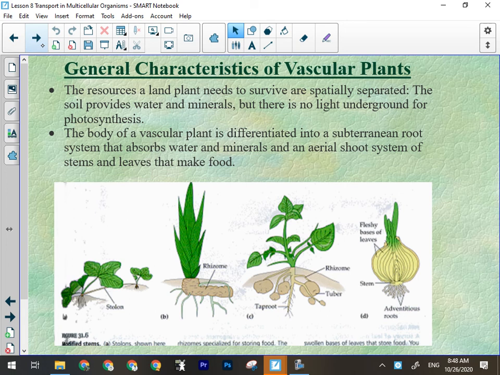Now, plants have lots of different adaptations for that, different types of root structures, different types of growth patterns. If you've ever seen strawberries or raspberries, they tend to crawl. They start popping up in different places. If you have any raspberries in your yard, you'll notice that suddenly 8 feet away from the rest of the raspberries, this little raspberry plant pops up in the middle of your lawn, because they just crawl.